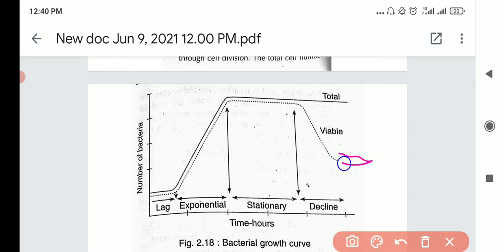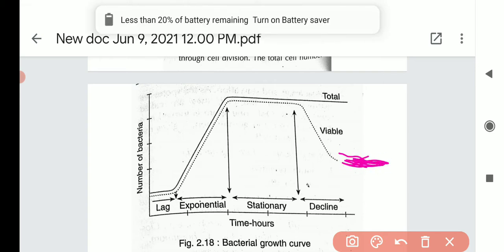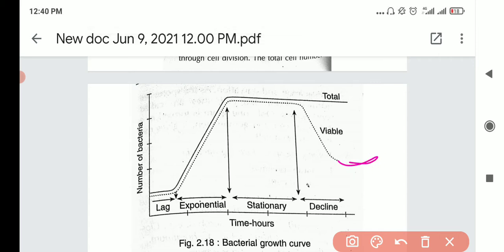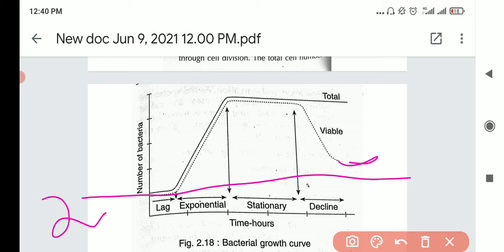Then you will see here it sort of stabilizes again. When there were only 2 left, somehow it stabilized again, because just 2 can somehow survive.